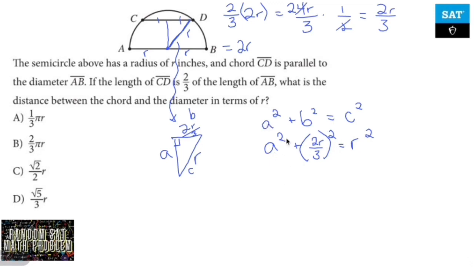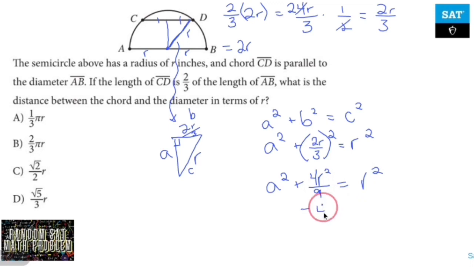My job is to solve for a here. So I have a squared plus 2r over 3 times 2r over 3, which is 2 times 2, 4, r times r, r squared, 3 times 3, 9, equals r squared.